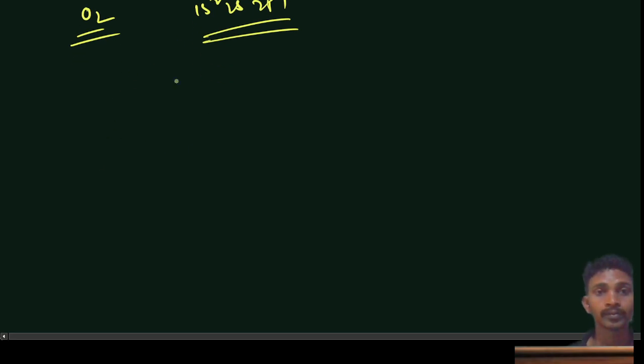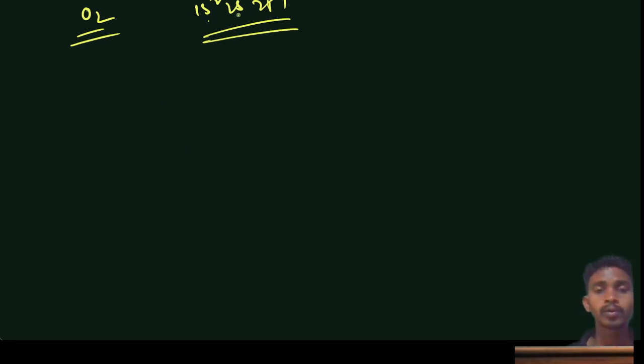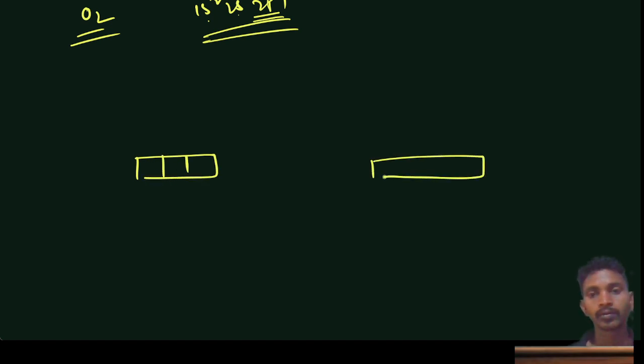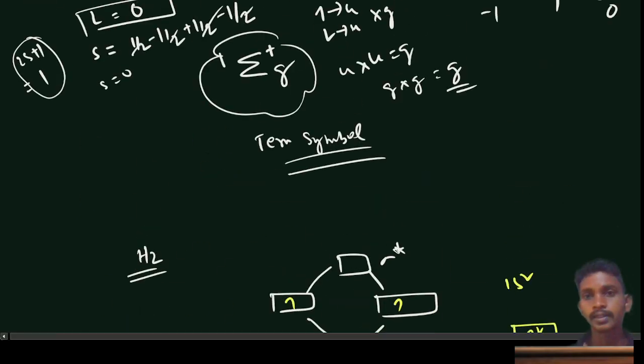Okay, similarly if I go for, let's say, oxygen. Here also it is 1s2 2s2 2p4. If I look, the filled orbitals cancel out, so I'm taking only 2p4.